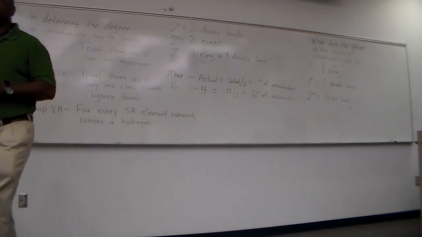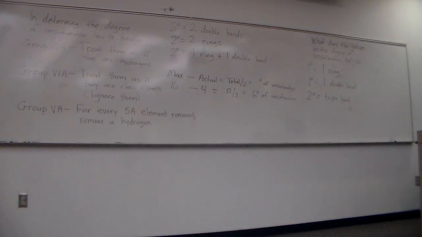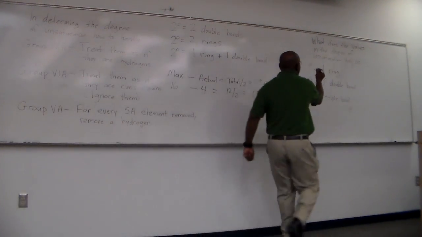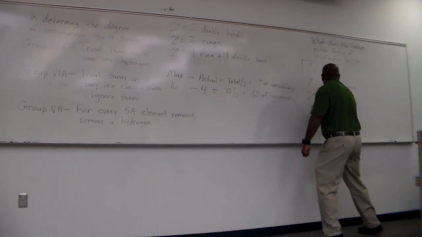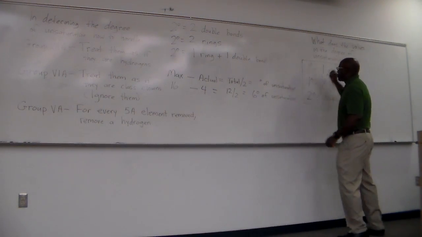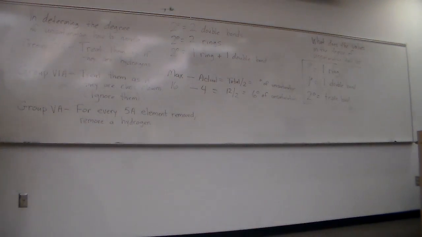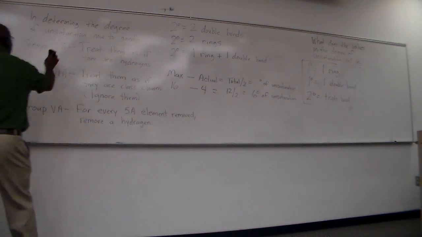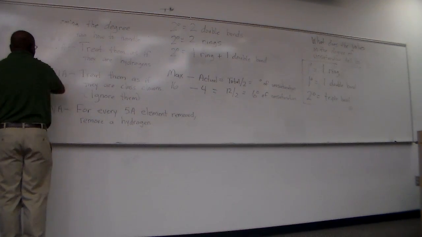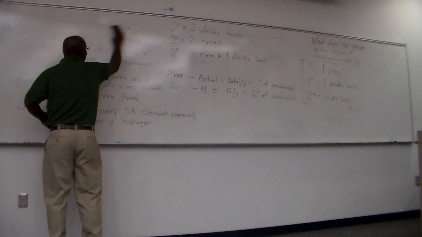Then we had one with 4 degrees of unsaturation. Give me a combination to give me 4 degrees of unsaturation. These are the values you use in order to make higher numbers. Give me 5 ways to get 4 degrees of unsaturation. 2 triple bonds. 4 double bonds.